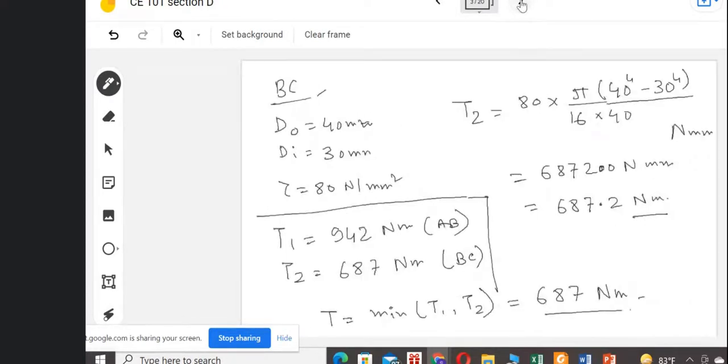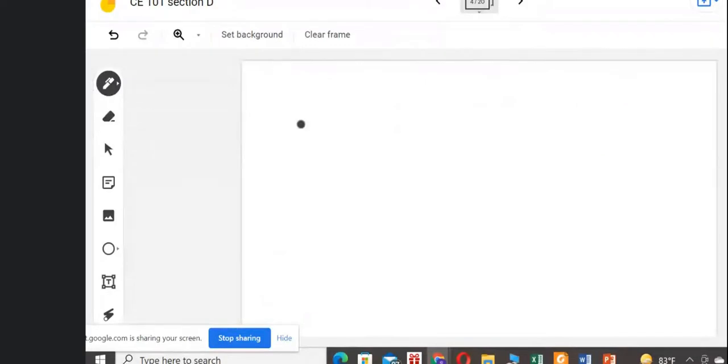So what is the expression of power? You have written down, right? 2 pi N T by 60. Sir, the unit is watts or W. Write watts only, because W also comes in angular speed and many other things, so keep writing watts, no problem. So this is the power.